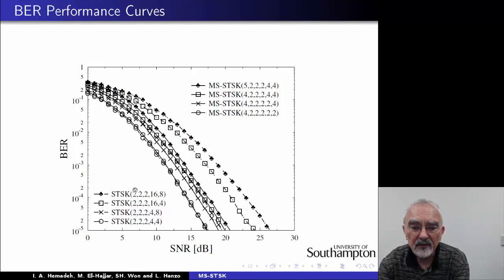So let's compare, for example, the top configuration here, and the corresponding STSK scheme. There is about 5 dB, or in fact in excess of 5 dB gain at 10 to the power minus 5 for the system advocated.